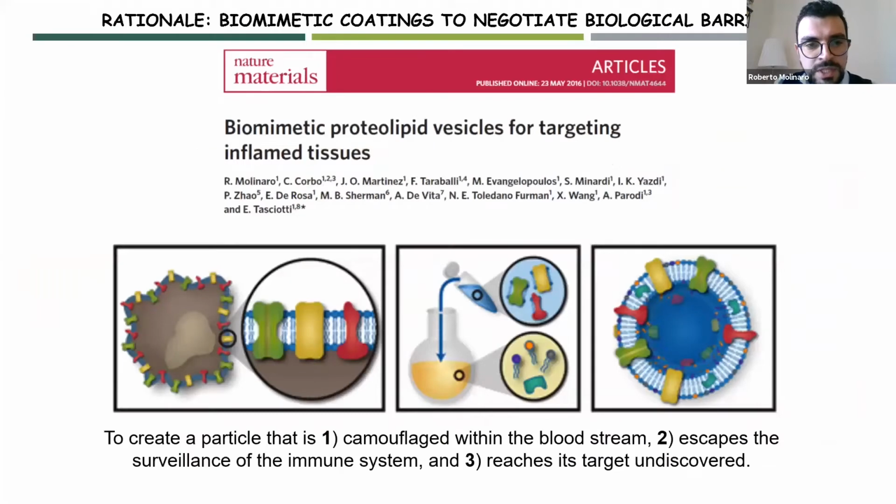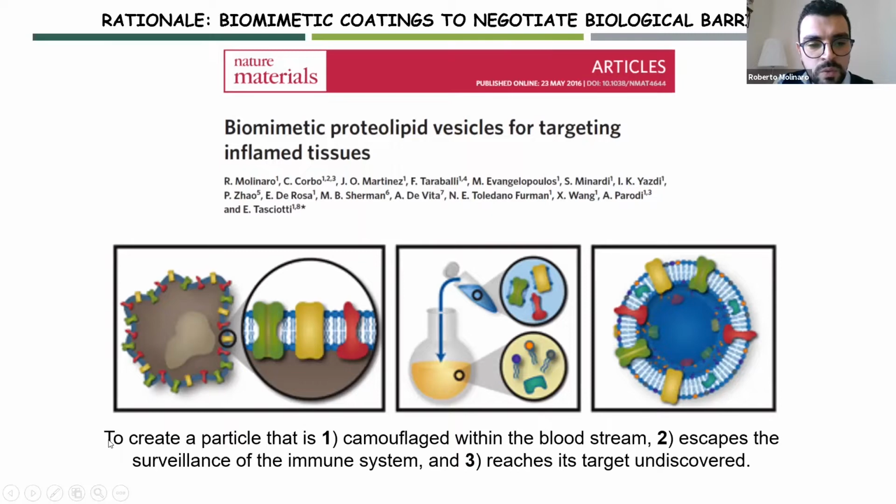So we developed leukosomes by combining the membrane proteins of leukocytes with synthetic biocompatible lipids such as cholesterol and choline-based phospholipids in a liposome-like carrier where membrane proteins are embedded within the lipid bilayer.